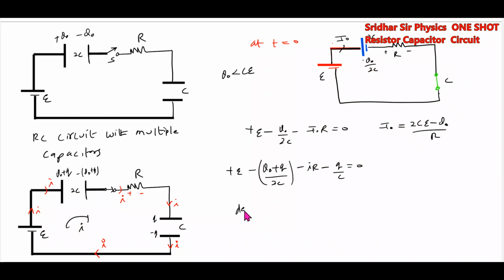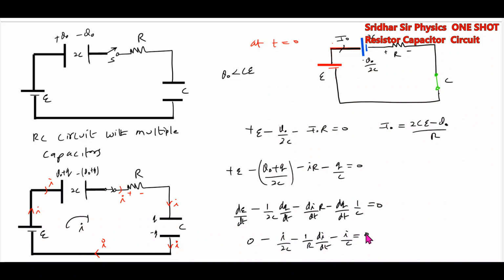Differentiating this with respect to t, Q naught is a constant, so this will become 1 by 2C dQ by dt minus R di by dt minus dQ by dt into 1 by C equal to 0. Then this will become I by 2C, and 1 by R di by dt minus I by C equals 0.